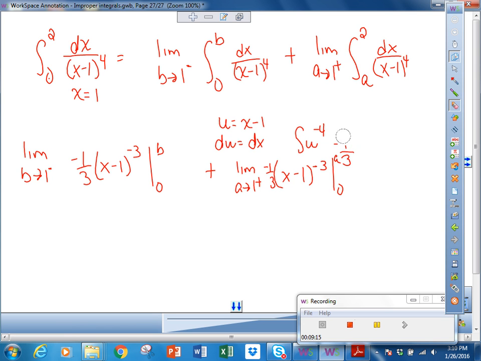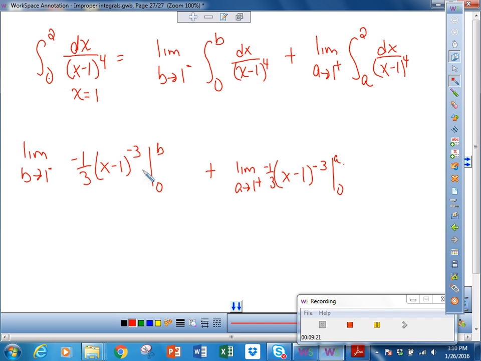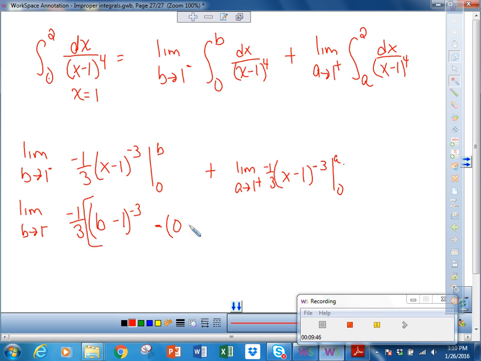That got a little messy there, didn't it? I'm just going to go ahead and erase that. Alrighty, so evaluating this, I get the limit as b approaches 1 from the left of negative 1/3 times b minus 1 to the negative 3, minus, I'll go ahead and take out that negative 1/3 so I don't have to write it each time, 0 minus 1 to the negative 3, plus negative 1/3 times a minus 1 to the negative 3, minus 0 minus 1 to the negative 3.